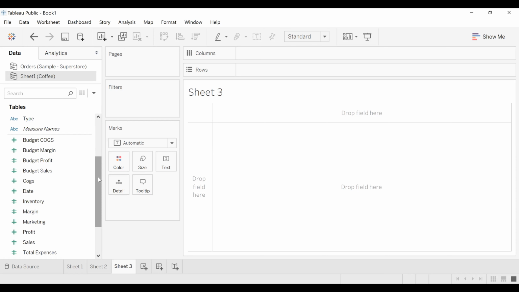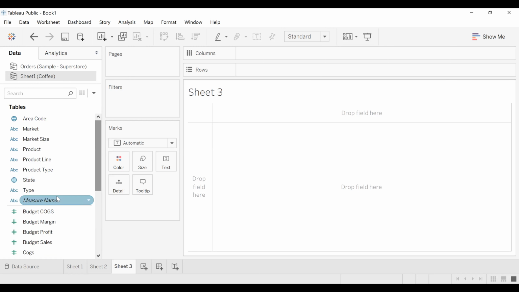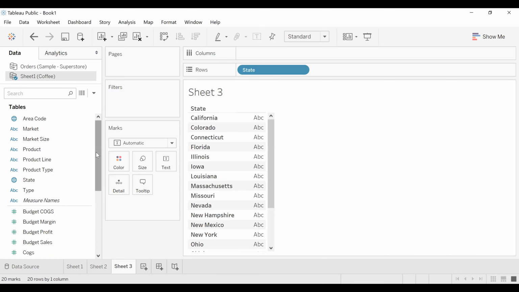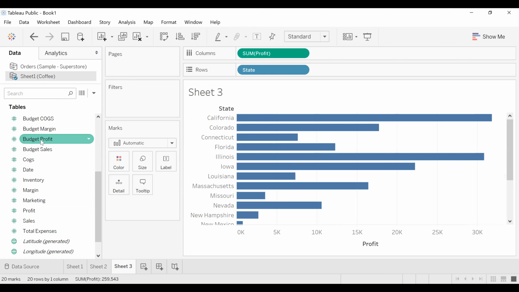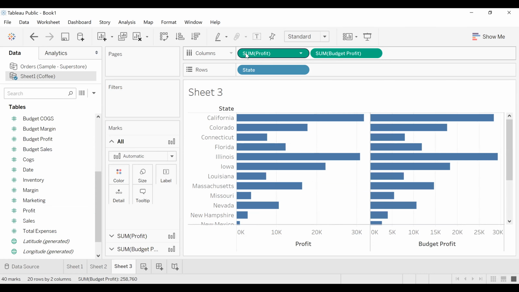So I need the sum of profit in each state. So we will have state and I will have profit. I will have budget profit. Budget profit will be the target profit, and profit is the actual profit.